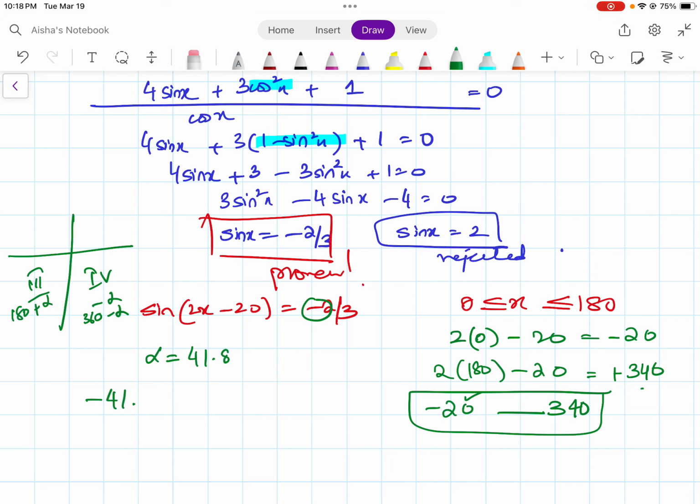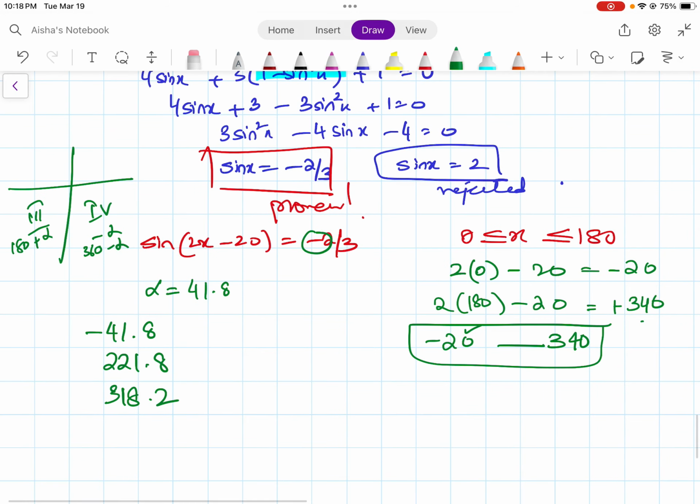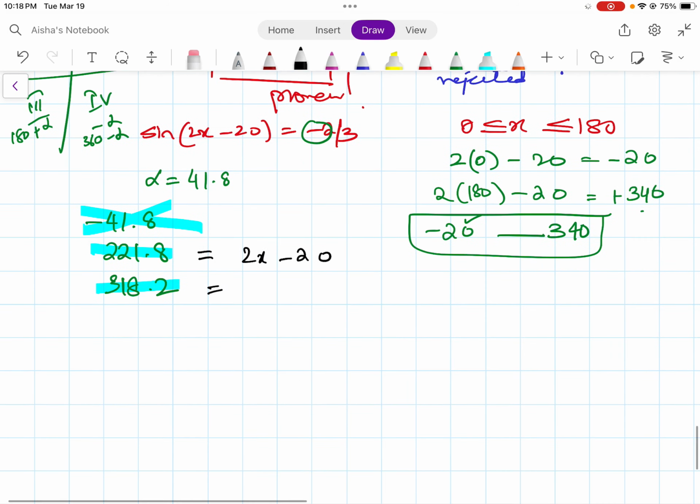Now minus alpha is minus 41.8. 180 plus 41.8 will be 221.8. 360 minus 41.8 will be 318.2. Minus 41.8 is not a part of the range, so we will reject it. And these are angles of 2x minus 20.